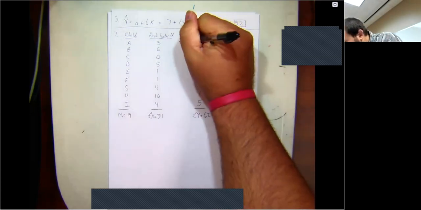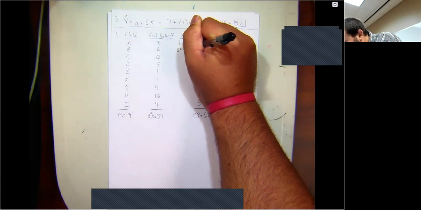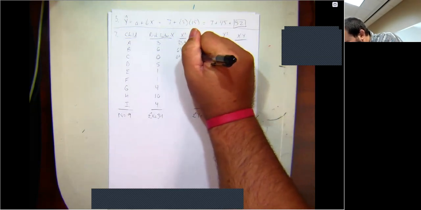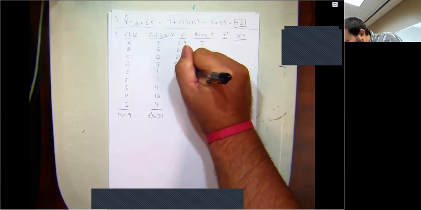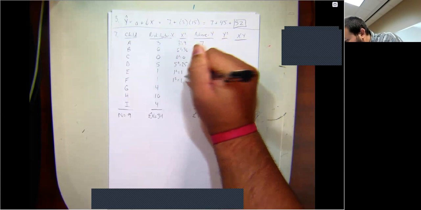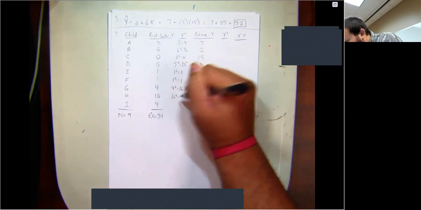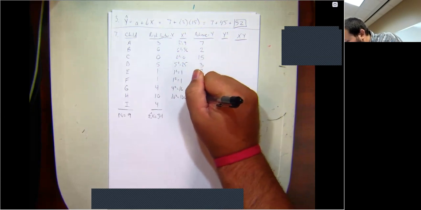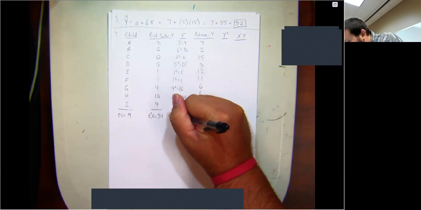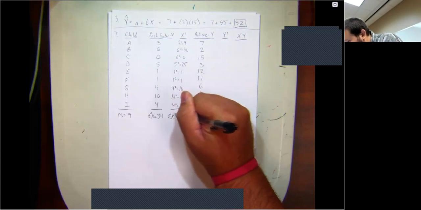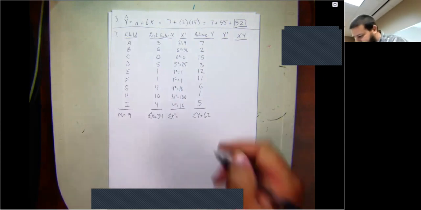X squared: 3 squared is 9, 6 squared is 36, 0 squared is 0, 5 squared, 25, 1 squared is 1, 1 squared is 1, 4 squared is 16, 10 squared is 100, and 4 squared is 16. So the sum of x squared is the sum of that column, which is 204.